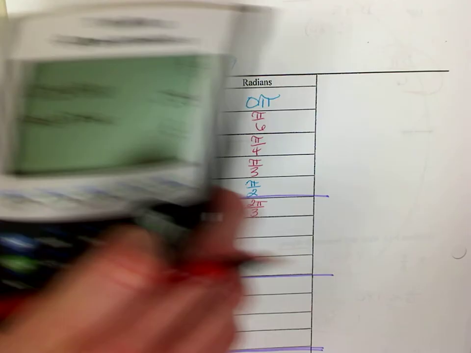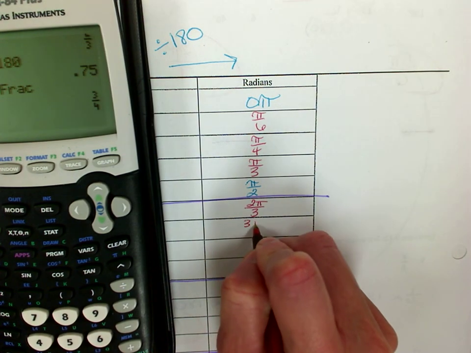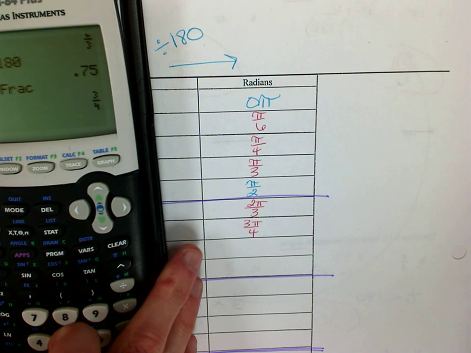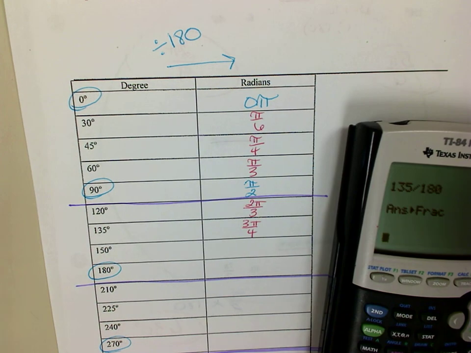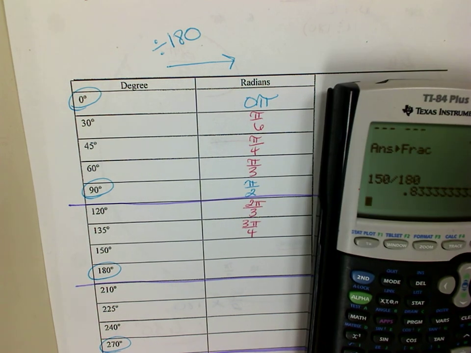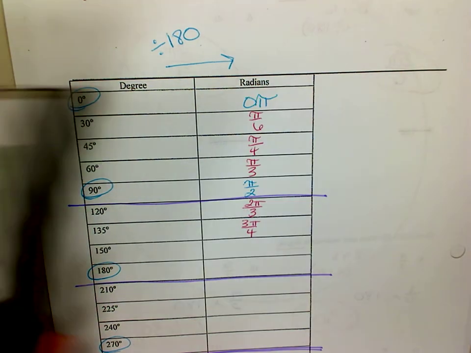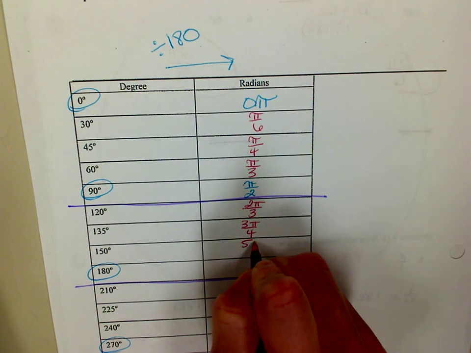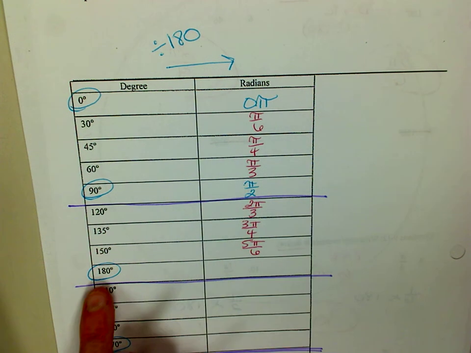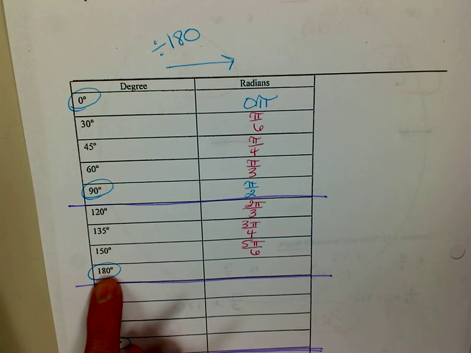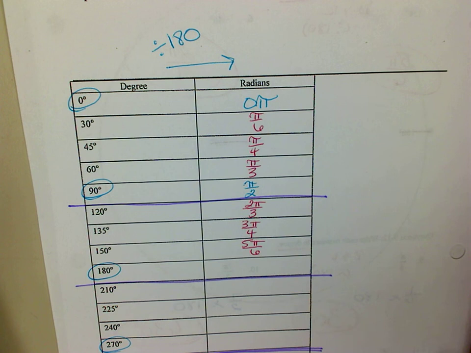So 3 pi over 4. 150 divided by 180. I get a decimal. So math, enter, enter. I get 5/6. So 5 pi over 6. And then if I take 180 divided by 180, that's just 1 or 1 pi.